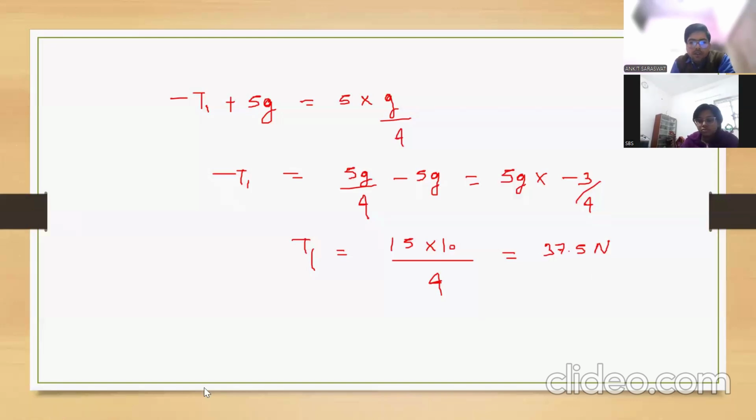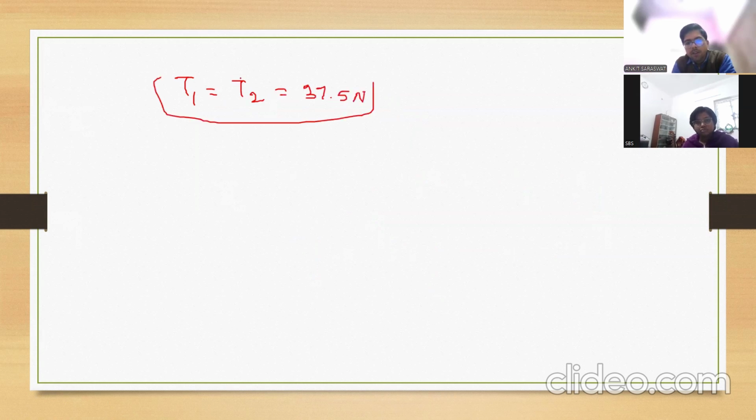Okay. So what is the value of T1? 37.5 Newton. Again, I will show this question diagram to you. Remember, T1 is equal to T2, and the answer you are getting is 37.5 Newton. If I redraw the diagram, this is a pulley, one block, rough diagram.